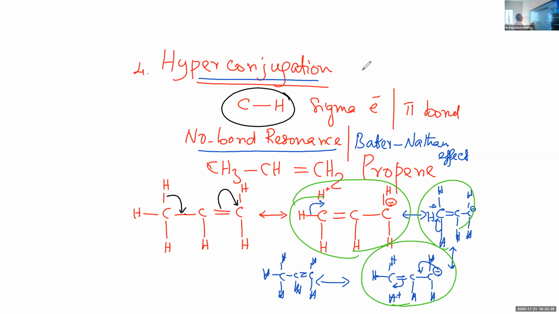So from one methyl group, CH3 group, there can be three hyperconjugated structures. The more the hyperconjugated structures, the more stable the molecule is.